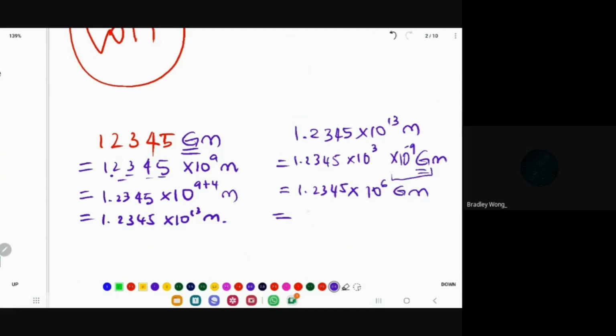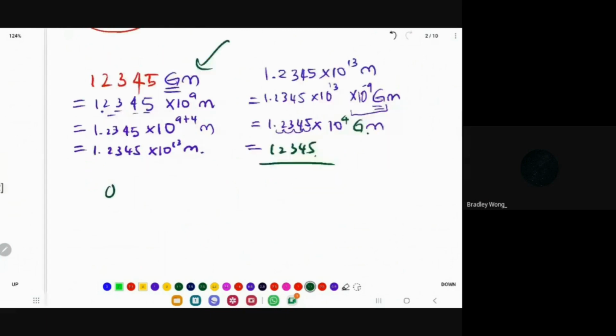So move to the 6, so it will be 1, 2, 3, 4. Wait, did I do anything wrong here? This is 13. So 13 minus 9, how much? 4. So 1, 2, 3, 4, 1, 2, 3, 4, 5. See, the same thing. You understand what I'm talking about? Do you want me to repeat again? Okay.